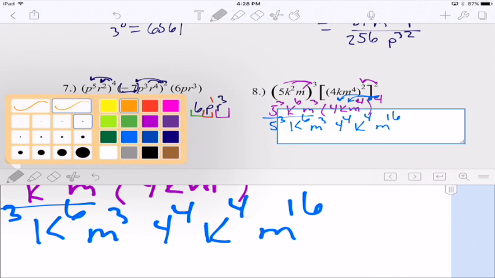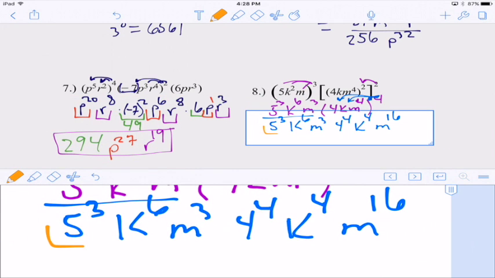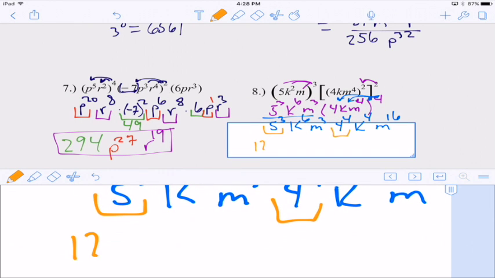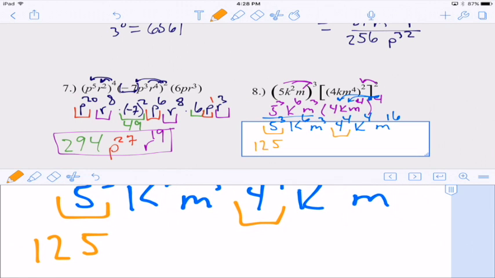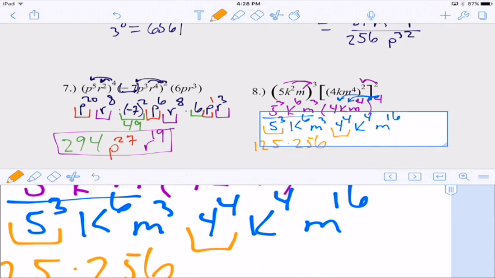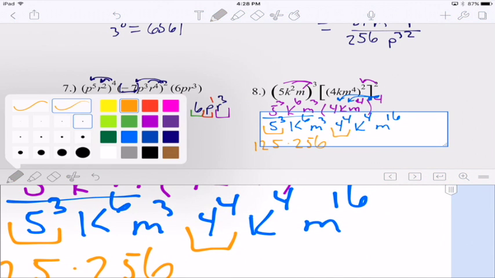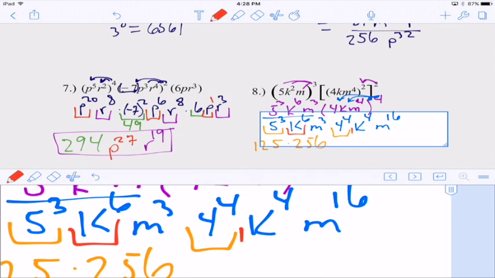Now I need to do the numbers. So 5 cubed is 125. 4 to the fourth, I think we just did that. That was 256. So there are my numbers. I got my k's, k to the sixth, k to the fourth.